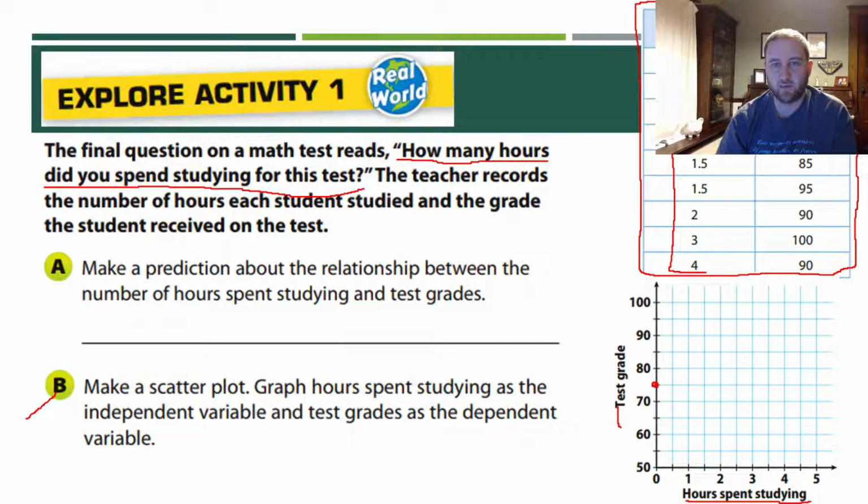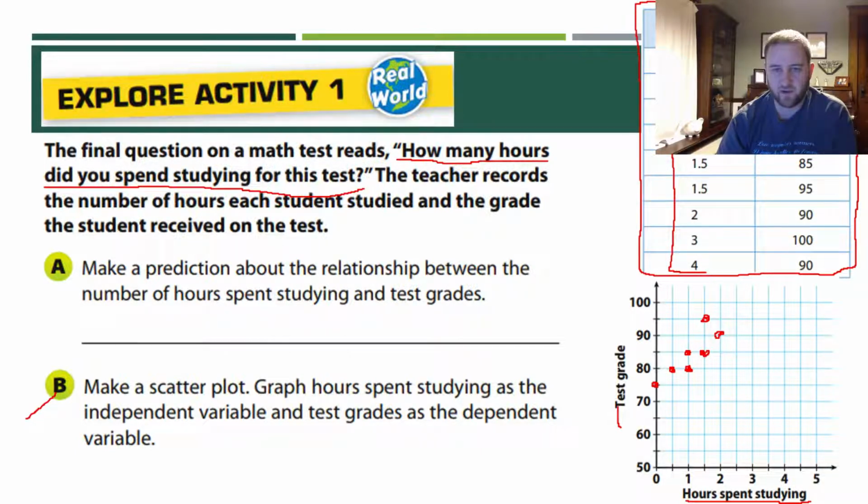Next one is 0.5, 80. So we'll plot a point right there. Next one is 1 hour and 80 is the test grade. So put a point there. 1, 85 is their next point right there. 1.5, 85 is the next one right there. 1.5, 95, so right there. 2, 90, so right there. 3, 100.